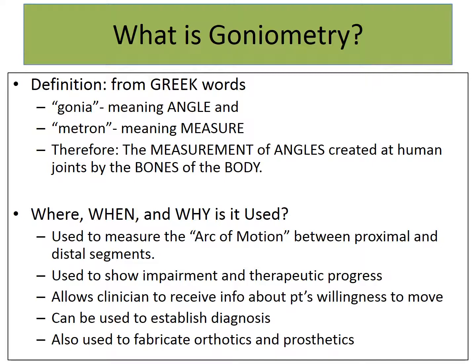It'll be used to show if there's an impairment. If a patient is lacking range of motion, that will be on their impairment list. And you've already learned in Thorax course some stretches on how to increase that range of motion, or maybe a joint mobilization.